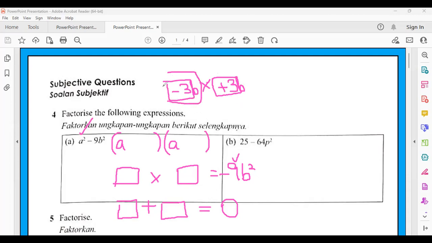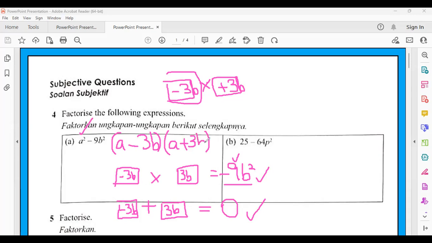And this negative 3b, if I put negative 3b plus 3b, it's going to give me 0. Negative 3b and positive 3b, when I multiply, it's going to give me negative 9b squared. So yes, one is a negative 3b and the other one is a positive 3b.